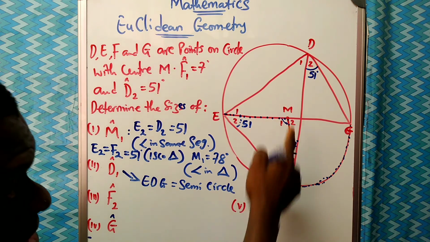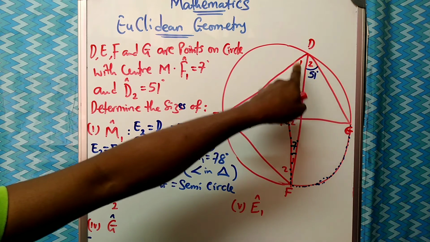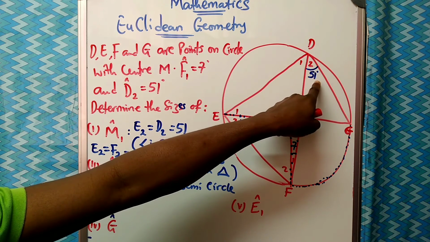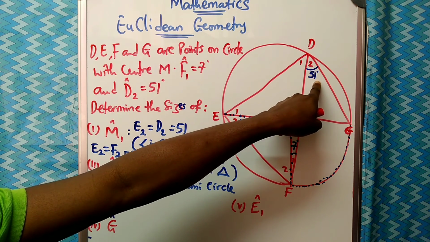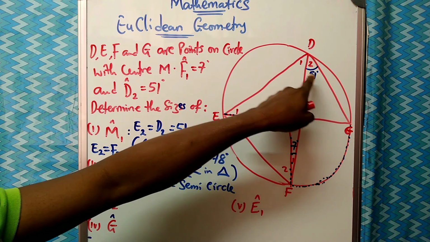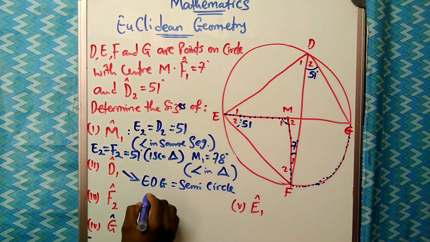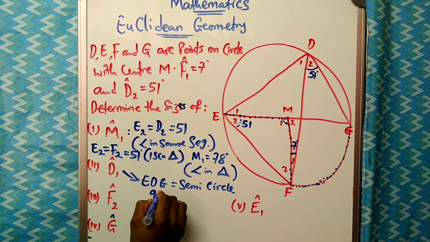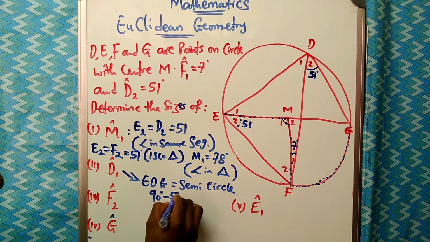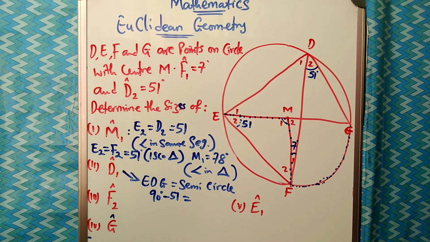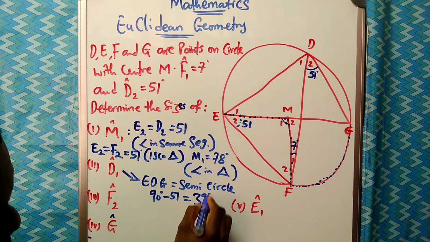So if it is a semicircle, definitely this place should be 90. And part of the 90 we already know 51 as part of it. So definitely D1 is going to be 90 degrees minus 51, and it's going to be 39 degrees. Very simple.